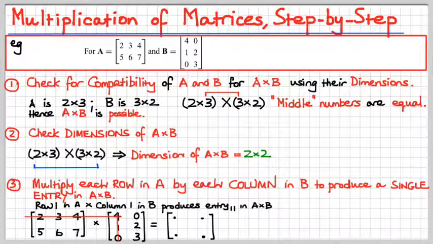So 2 times 4 plus 3 times 1 plus 4 times 0 all adds up and goes into that position there. See? Now let's do another one. This top row in the left-hand matrix times the second column in the right-hand matrix. See how they intersect at a top-right orientation there? Well, that's what you're going to get there.